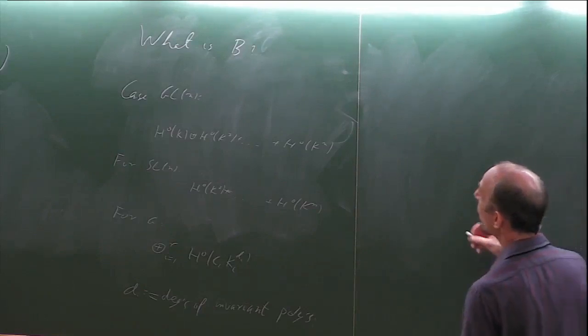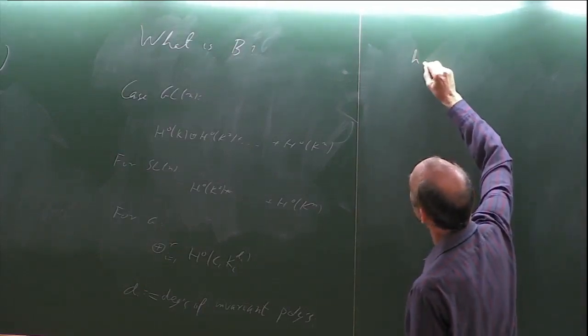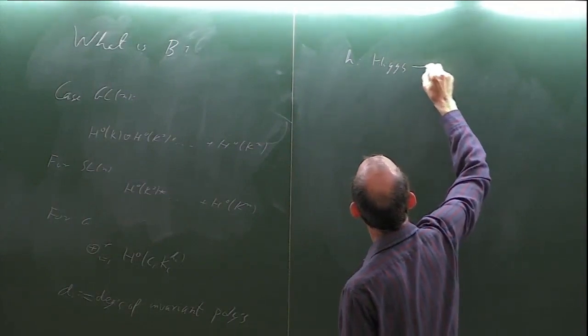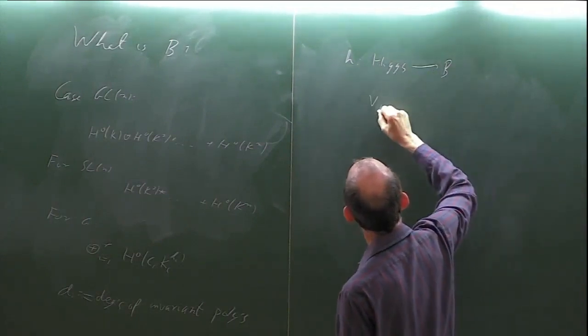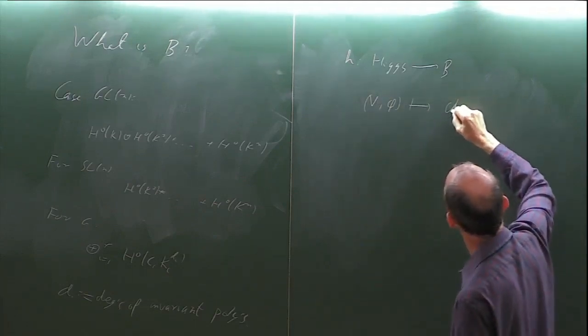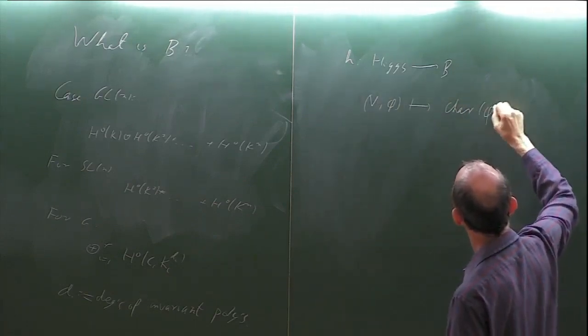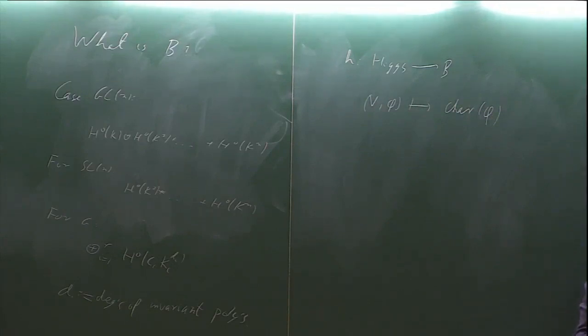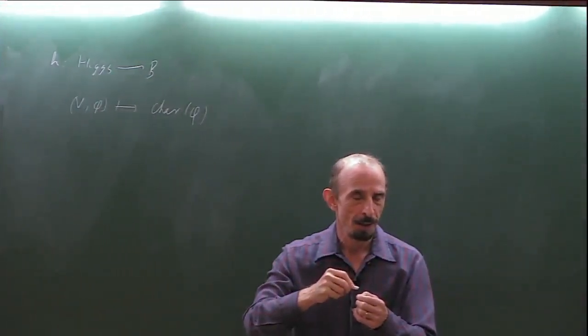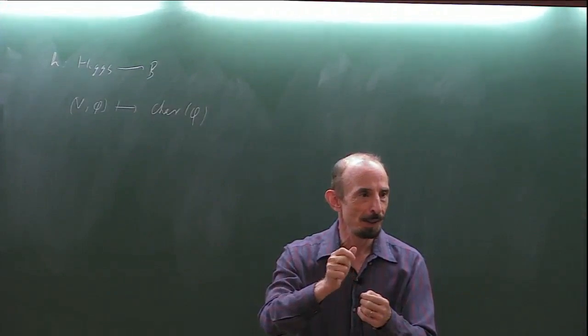And what's the map? The Hitchin map from Higgs to B takes a pair V and phi and sends it to the characteristic polynomial of phi. So phi is an endomorphism taking values in some funny line bundle.